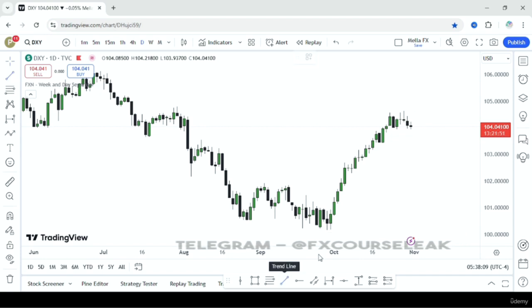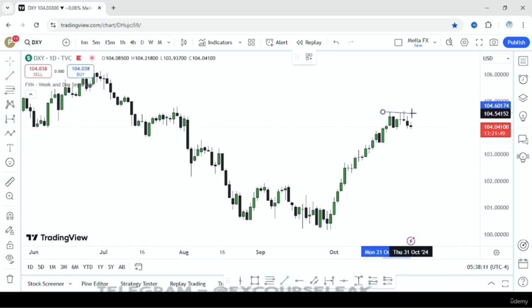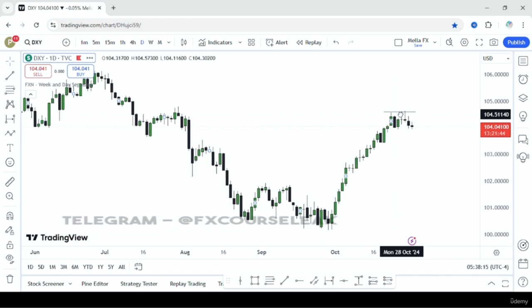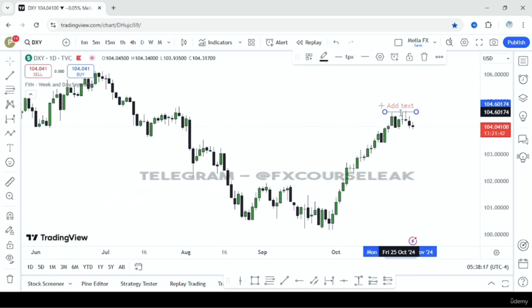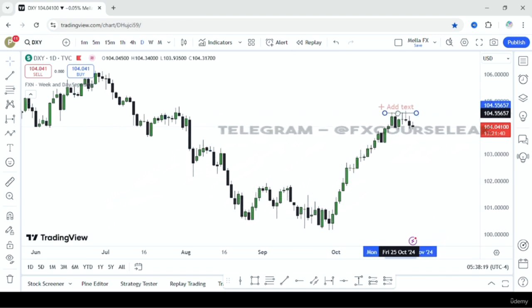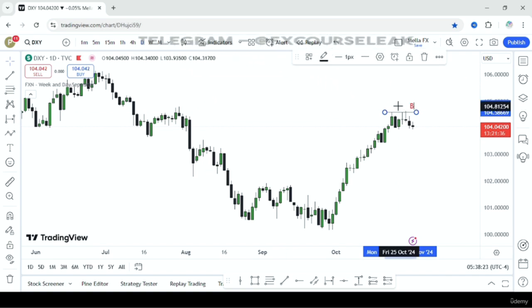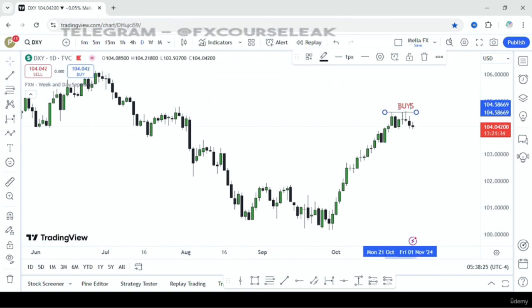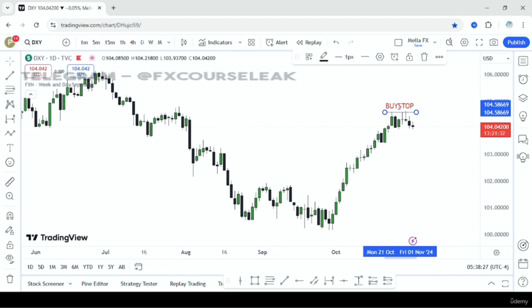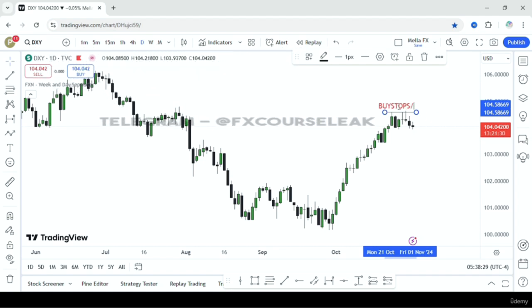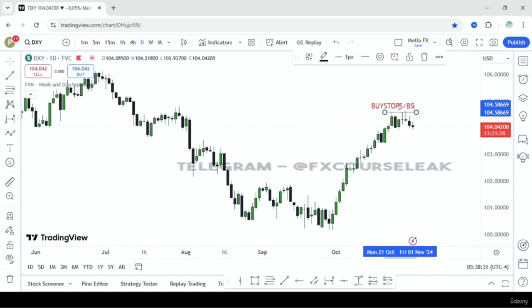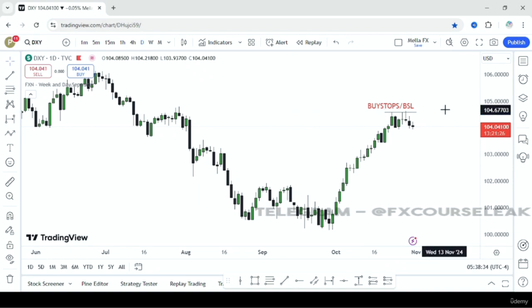Let me draw using this trend line. So we have a swing high, and I've said these are buy stops or buy-side liquidity, BSL.